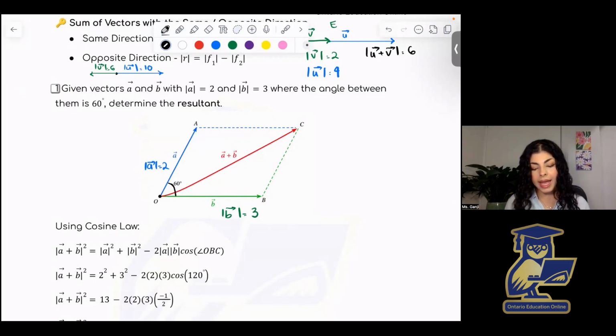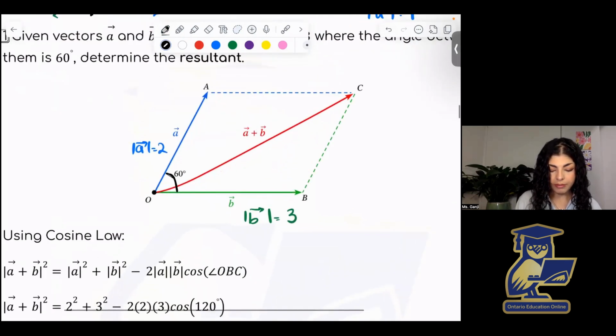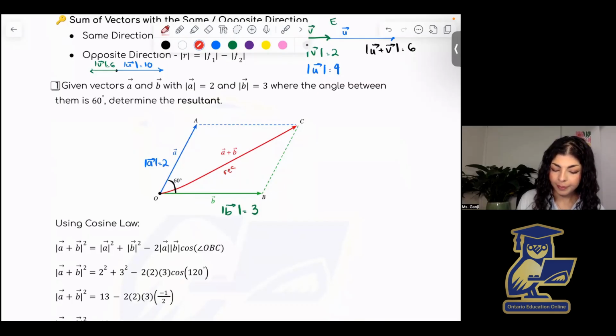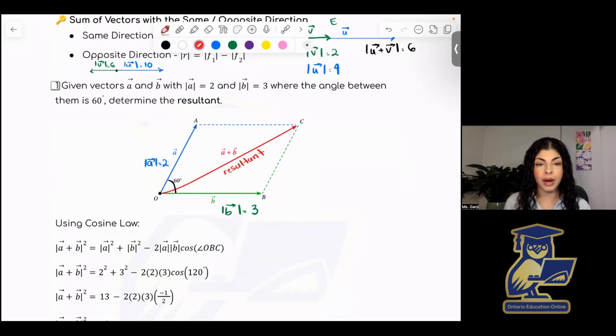The angle between A and B is 60 degrees, so it should be for both. In between vector A and B, this is 60 degrees. And we're asked to find the resultant. So forming our parallelogram, this is our resultant force, which is also the diagonal of the parallelogram.